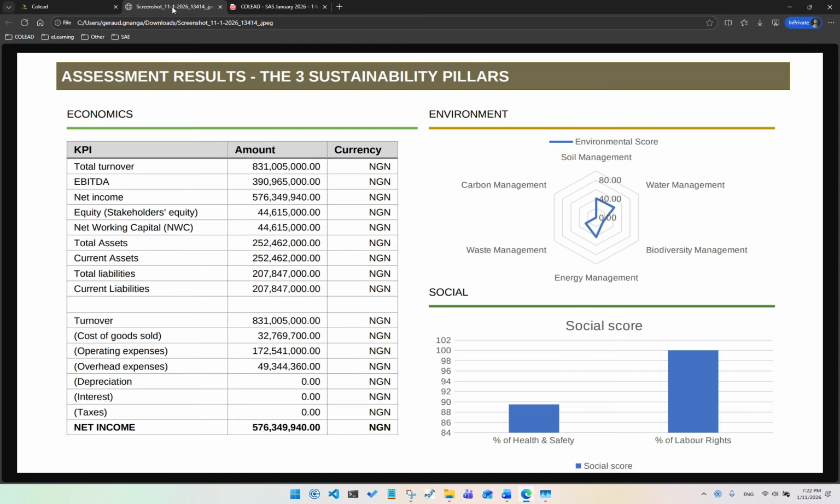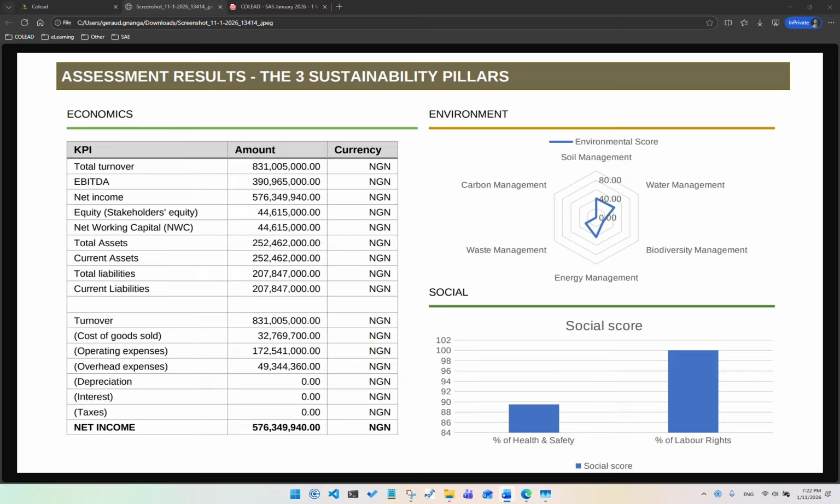But let us now examine together. I put the sample here. Let's examine together this data extracted from a SAS report. In a previous video, I showed you how to download this type of report in PDF format, and I hope that you recognize this section here.